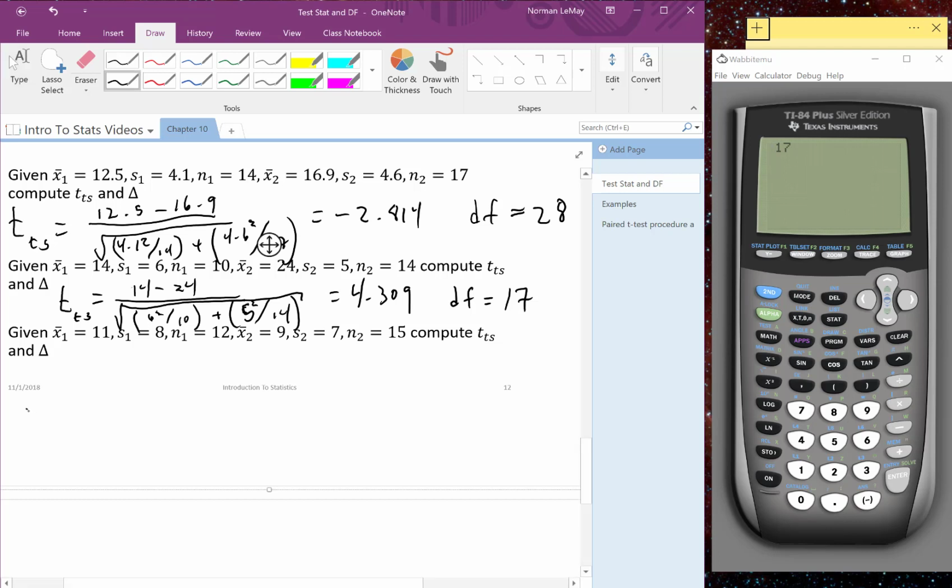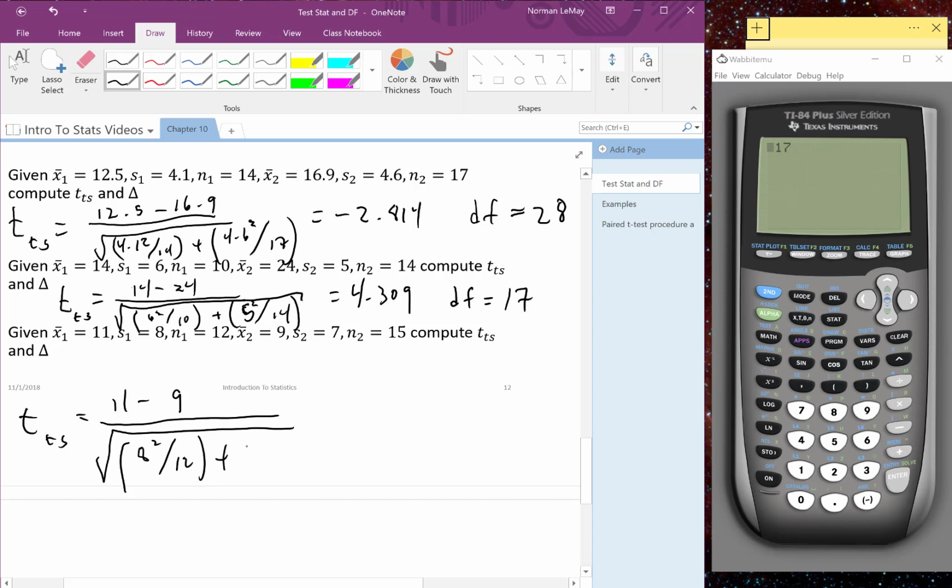Okay, so our t-test statistic is going to be x bar 1, 11, minus x bar 2, which is 9, divided by the square root of 8 squared divided by 12, plus 7 squared divided by 15.